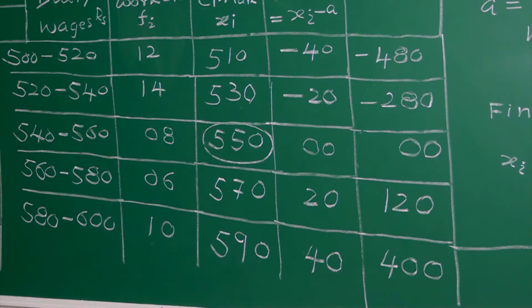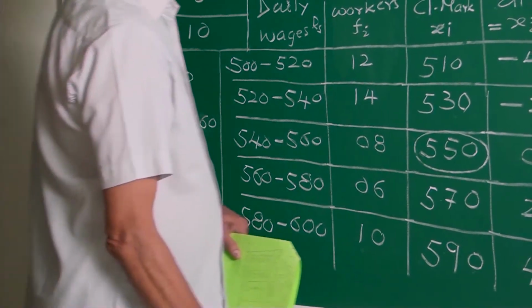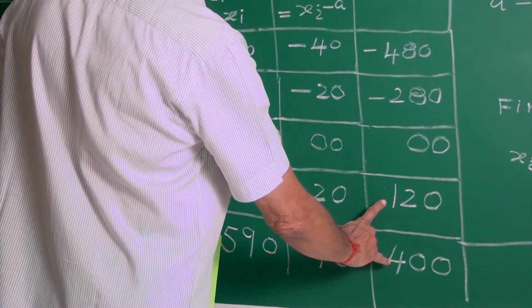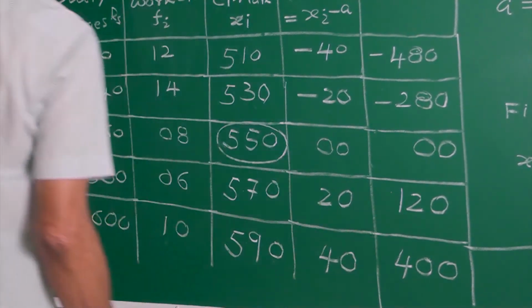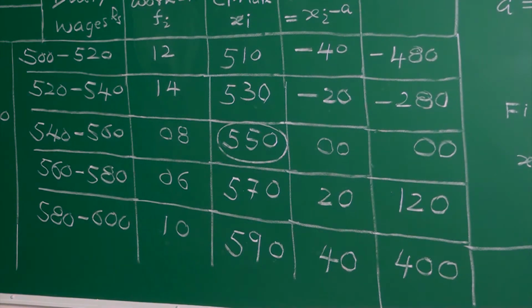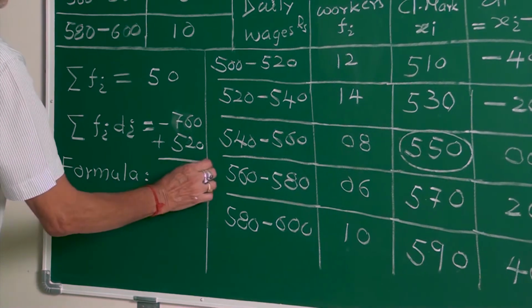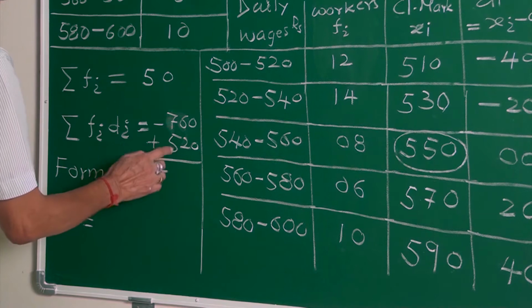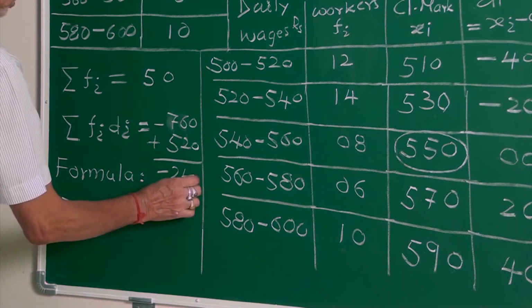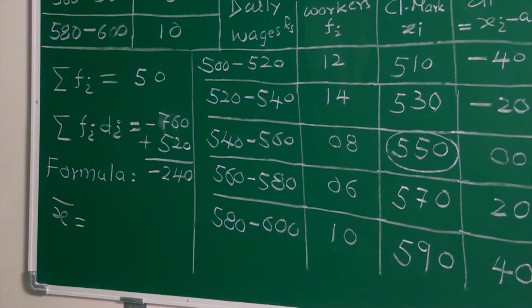Down is plus, my friend, what is this? This is 120 plus 400, which is 520. What is the sum, my friend? Minus 760 plus 520. Subtract, and the bigger is negative: minus 240. This is sigma fi di.